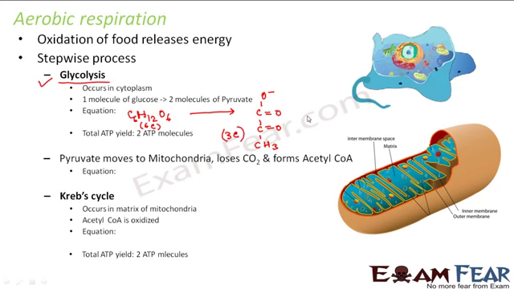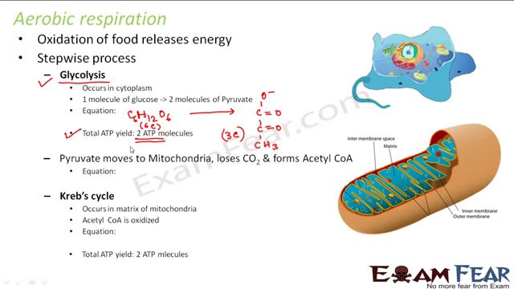Now along with that, there is a net gain of 2 ATP molecules. So 2 ATP molecules are also produced here. Actually 4 ATP molecules are produced, but in this process, 2 of the ATP molecules are utilized. So as a result, the net ATP yield is 2 ATP molecules. As I mentioned before, the energy which is released is in the form of ATP molecules.